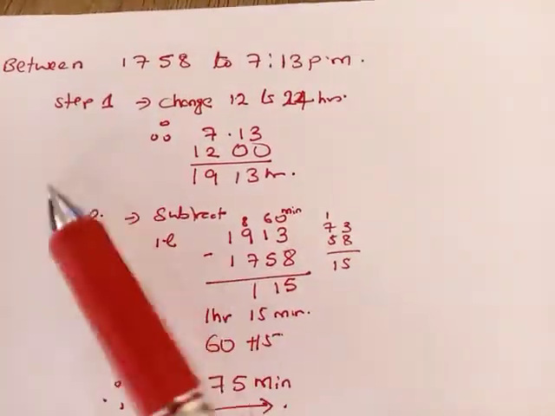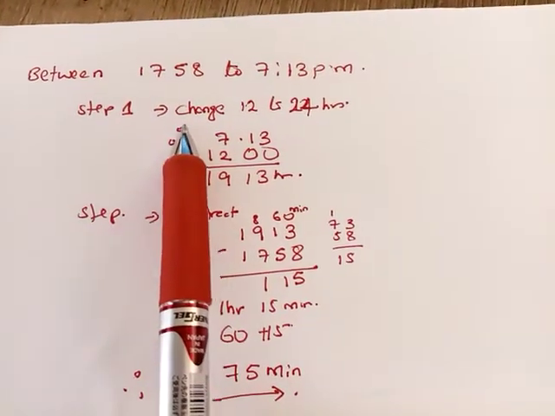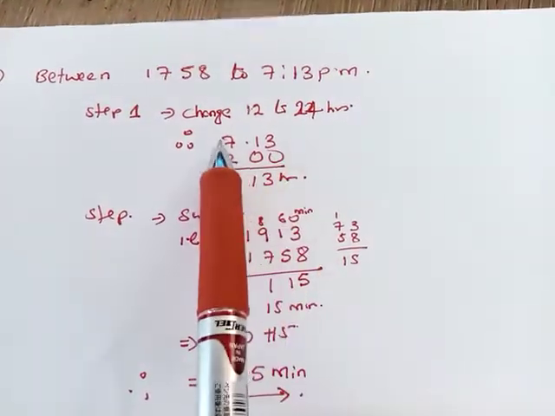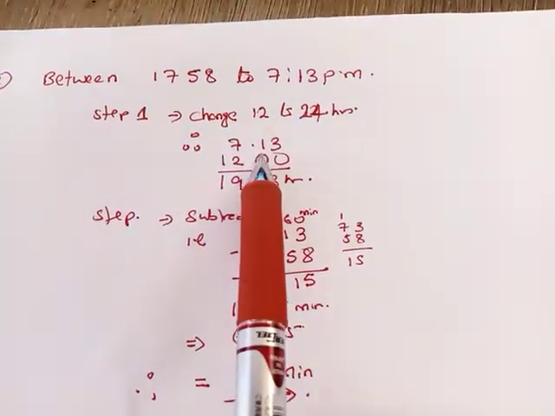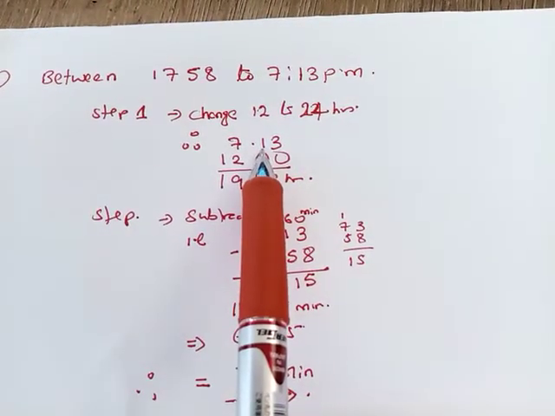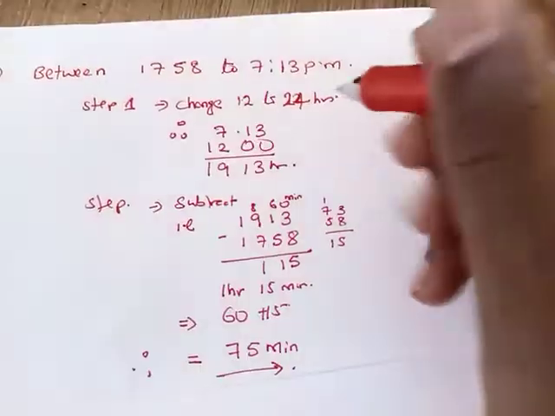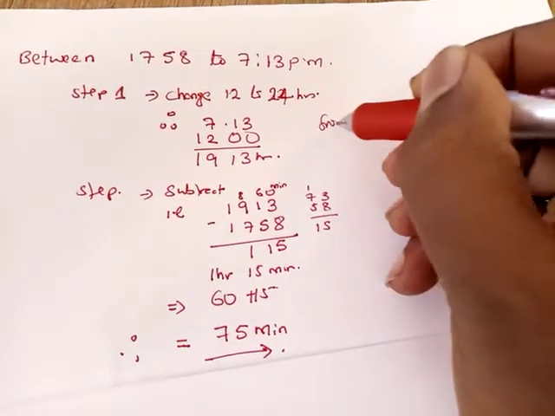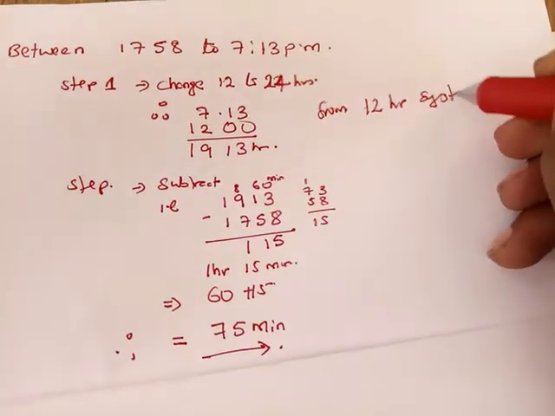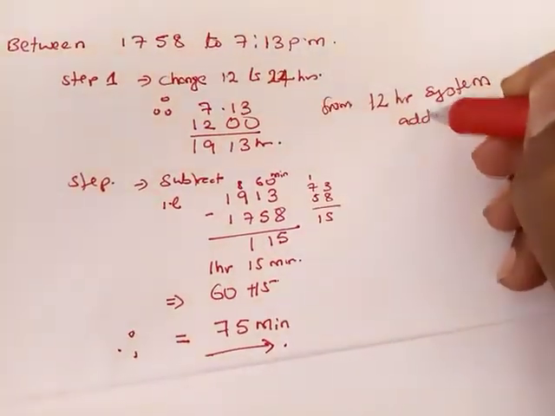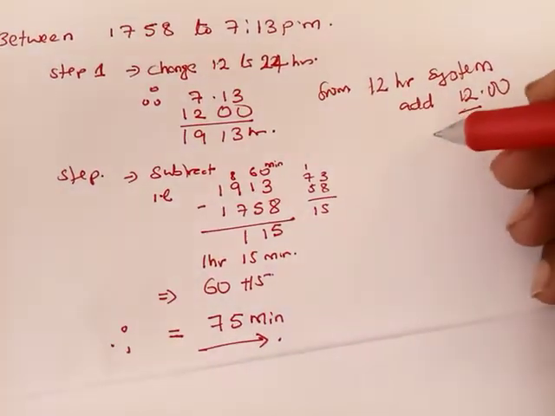Right. So in this case, step 1 is to make your times uniform. You have to change the 12 to 24 hours, and that means for 7:13 p.m. you add 12 to change from the 12-hour system to 24-hour system. We add 12, and the vice versa is true.